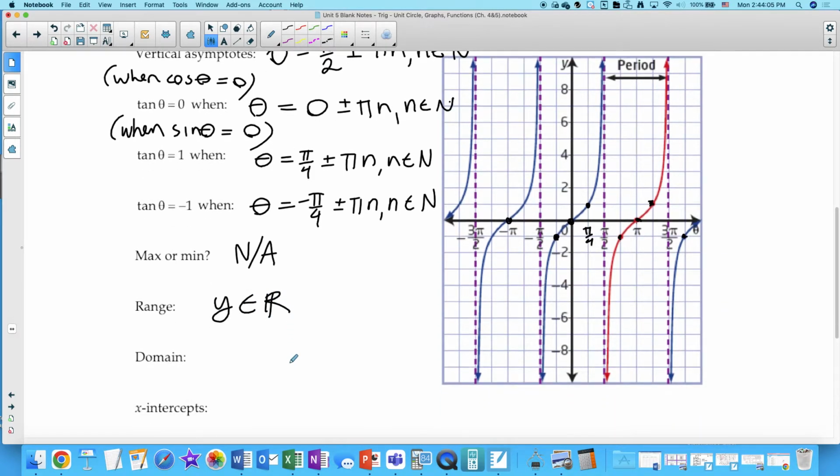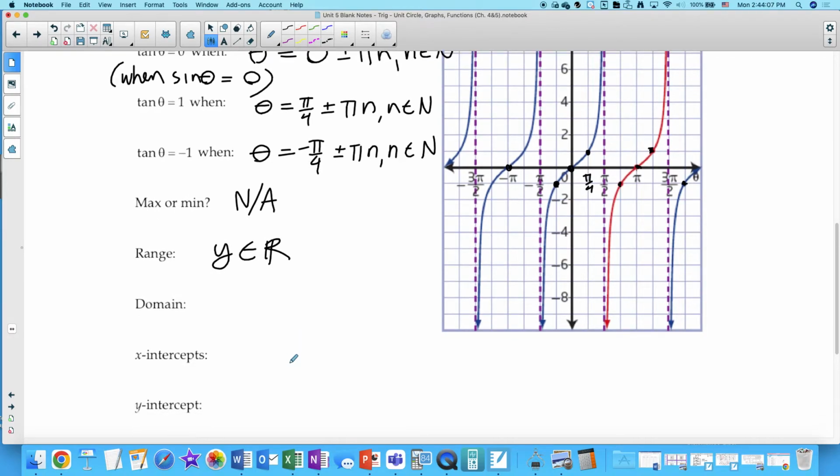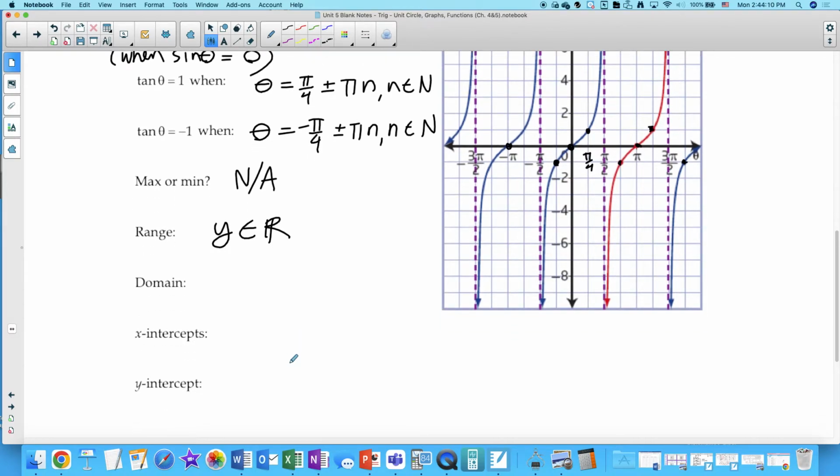So the domain is that x cannot equal pi by 2 plus or minus pi n, where n is an element of the natural numbers. Okay, but beyond that, x is any real number. So besides for those restrictions, x can be anything.